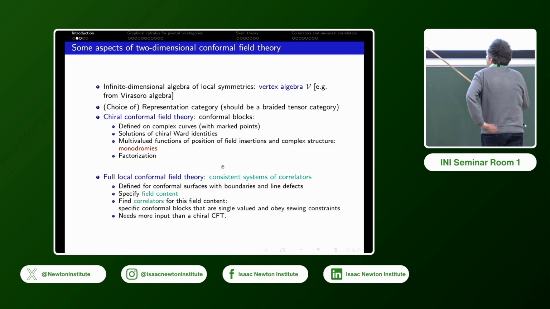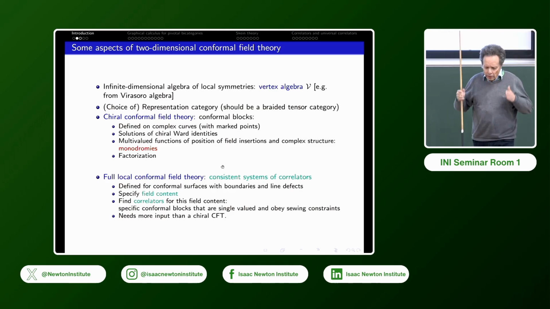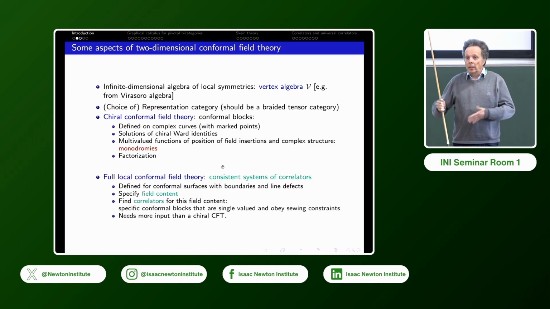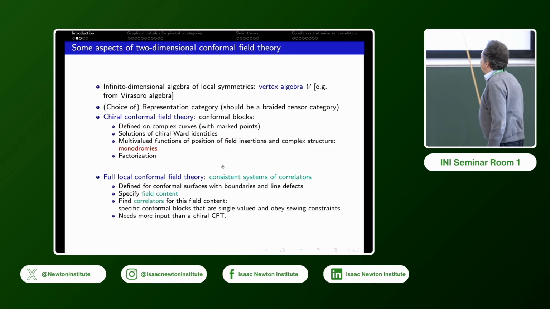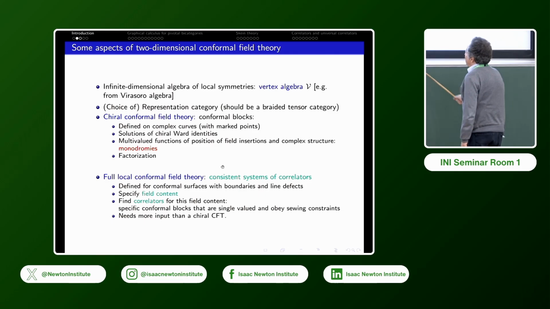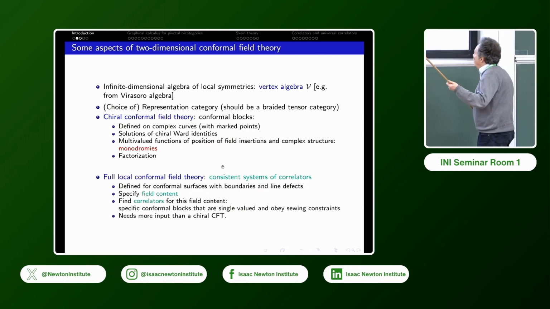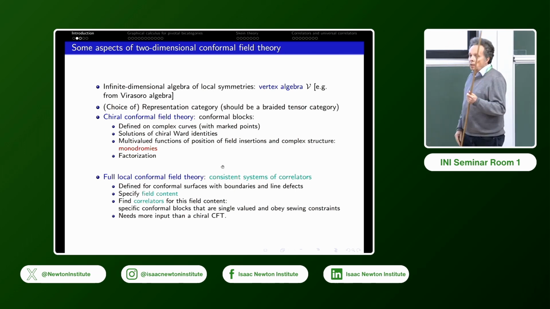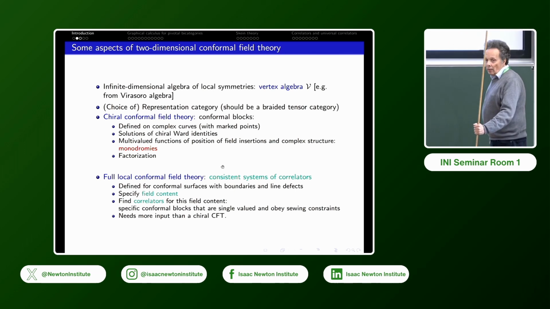And you want to do two things, and let me emphasize two things. You want to be able to say what are the bulk fields, what are the defect fields, what boundary fields look like, what are boundary conditions. So we want to specify the field content, and then we want to find the correlators for this given field content as specific conformal blocks. They should be correlators, they should be functions, they should be single valued, and they should obey sewing constraints.